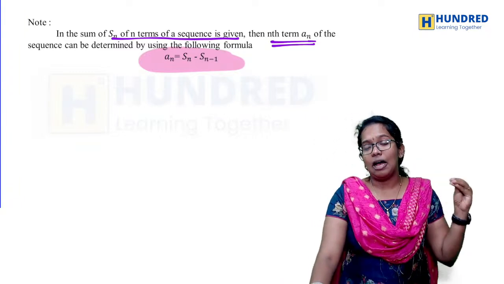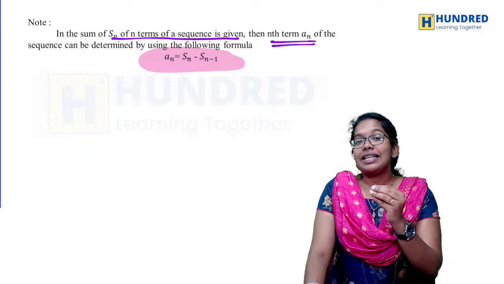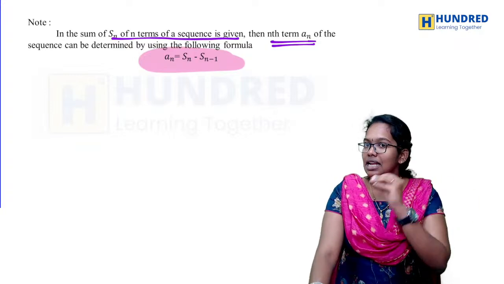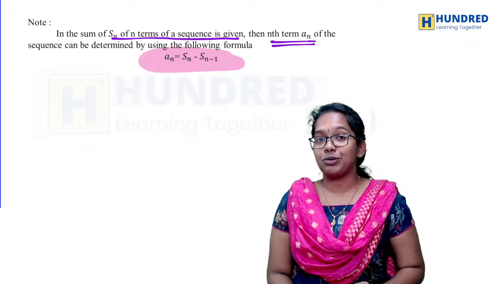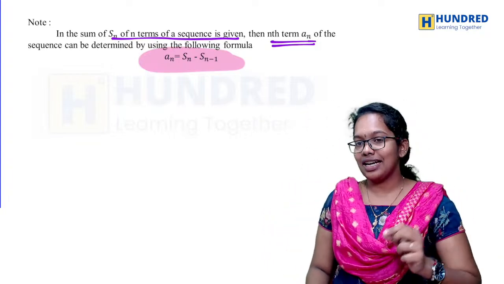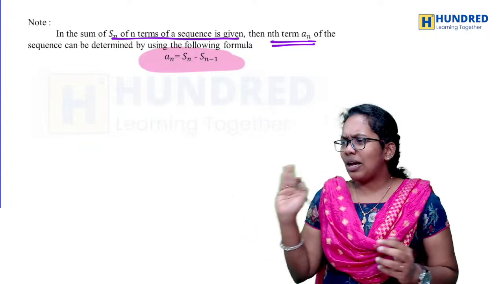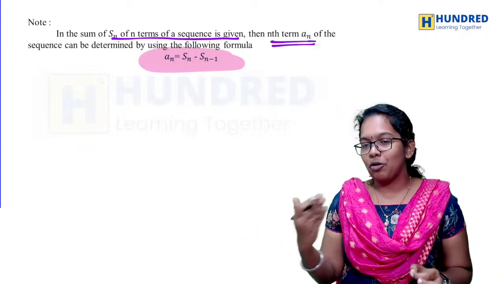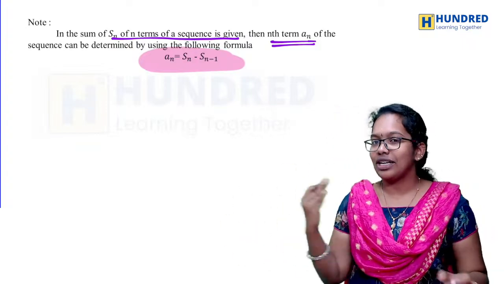It is nothing but Sn minus Sn minus 1. Using this formula you can find the value of an. That's it. As we go through more sums, you will get to know what is happening.